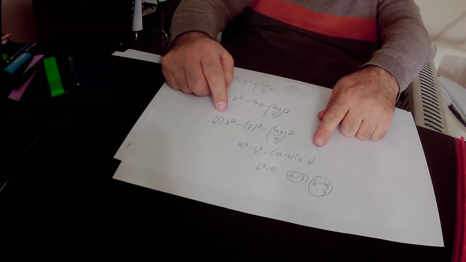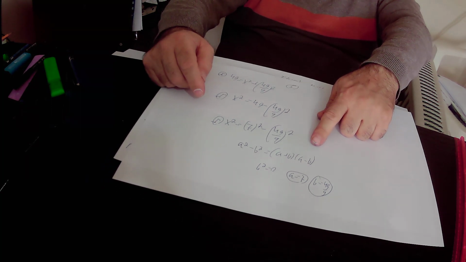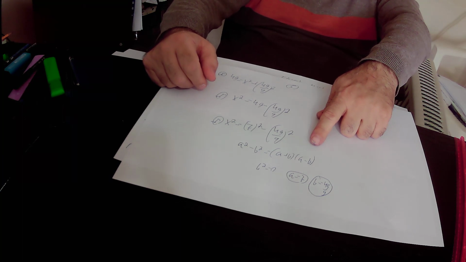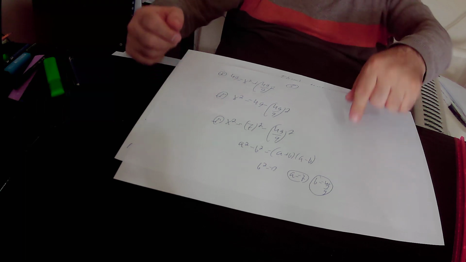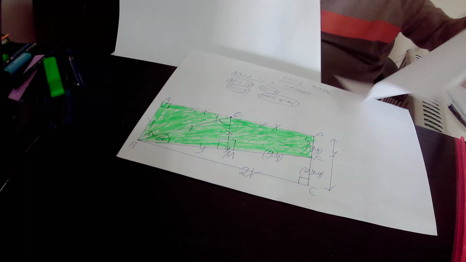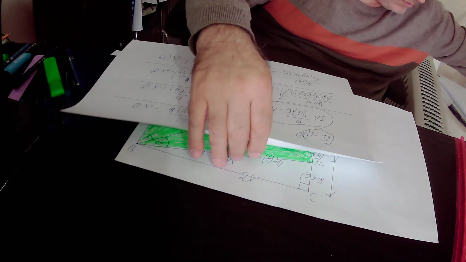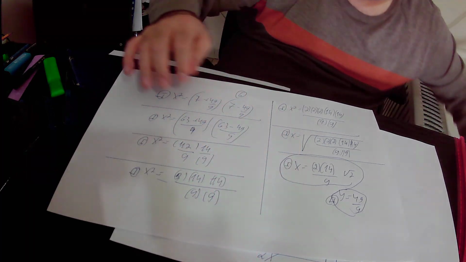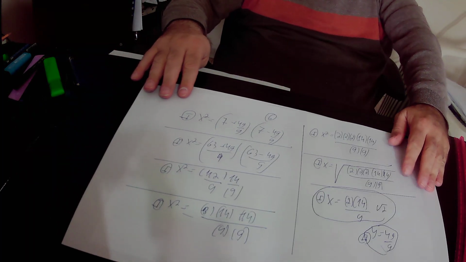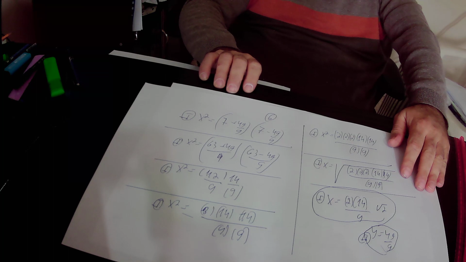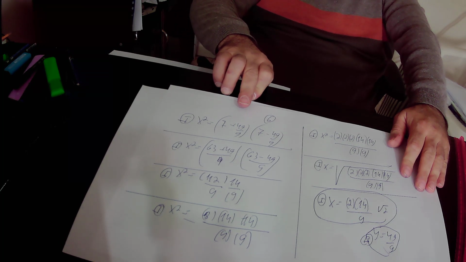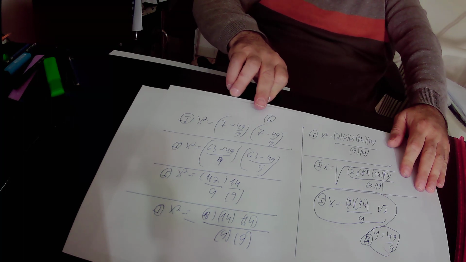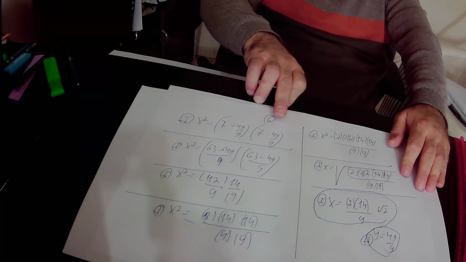And we use the algebraic identity that a squared minus b squared equals (a plus b)(a minus b). Here a equals 7 and b equals 49 over 9. So in conclusion, according to the algebraic identity, x squared equals (7 plus 49 over 9) times (7 minus 49 over 9).